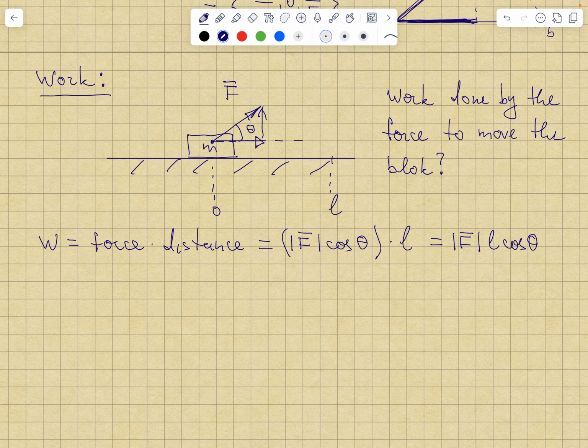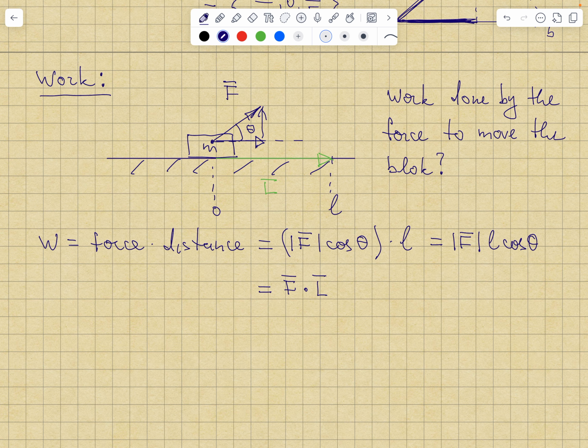And it's easy to see that if I introduce a vector L in the direction of motion with a magnitude equal to little l, then what I have just got for the formula for work is nothing but vector of force dot with a vector of a displacement, right?